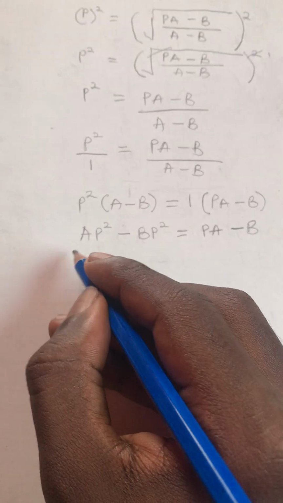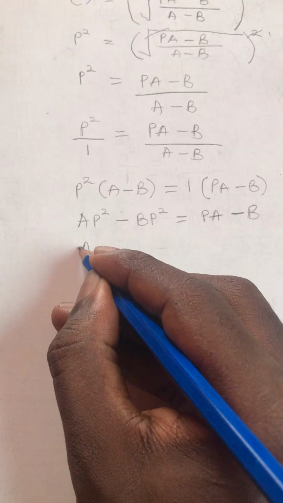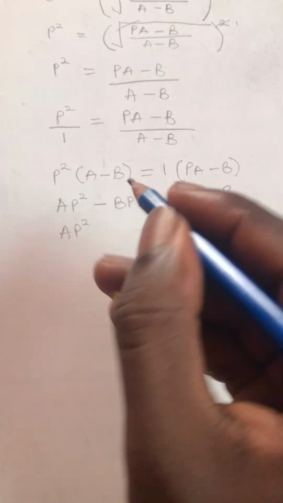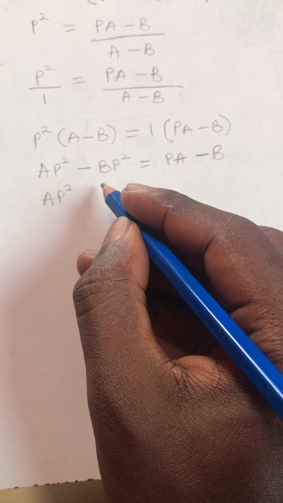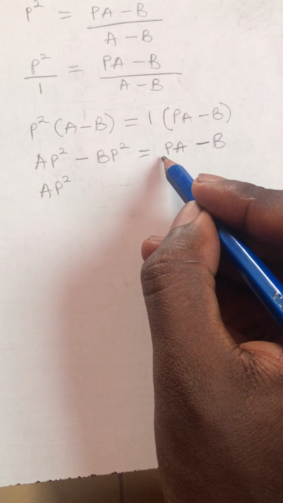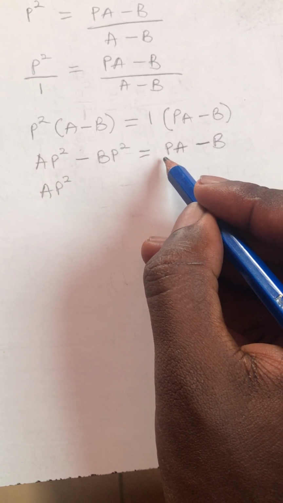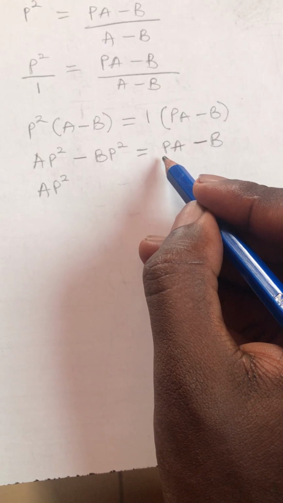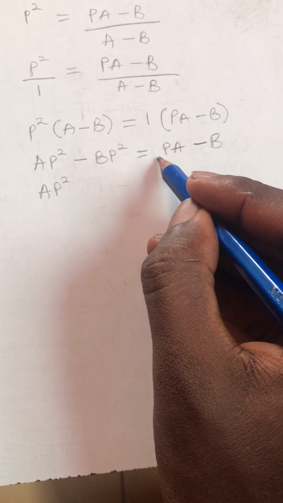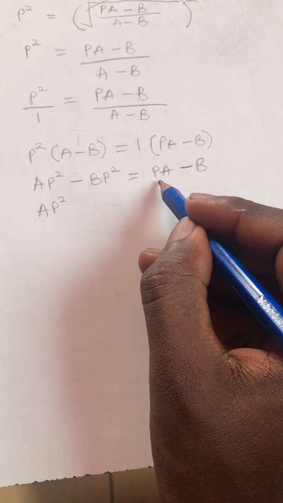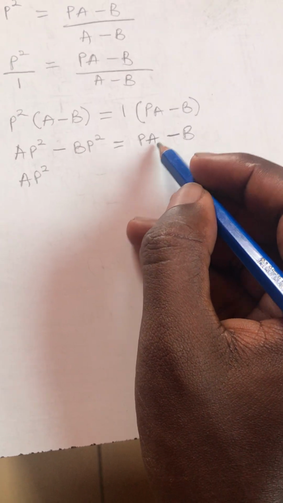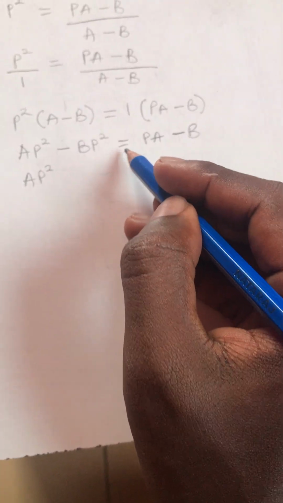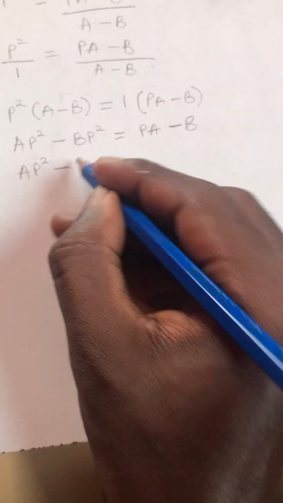So we start with AP squared, and we are looking for those with A. The only variable with A is positive PA, and because it's a positive number, it needs to cross the equal to sign and change its form to become a negative number.